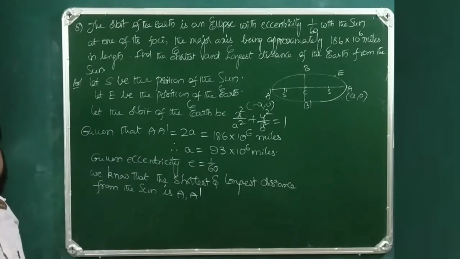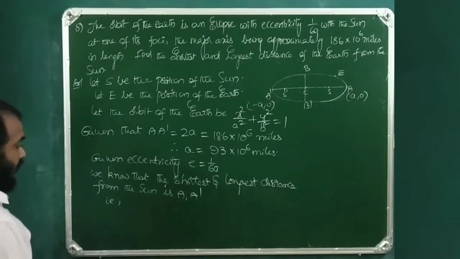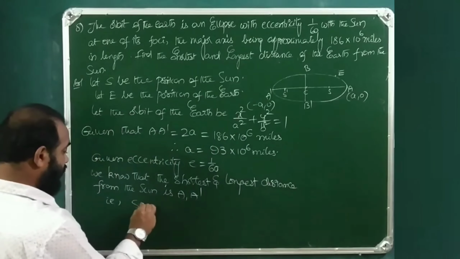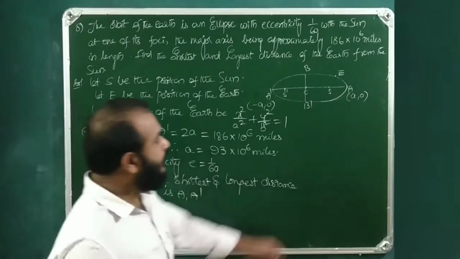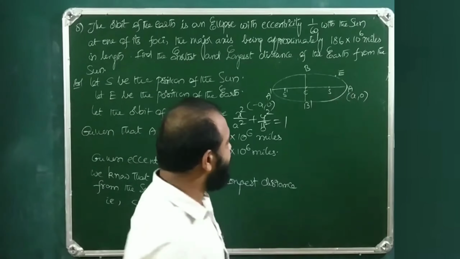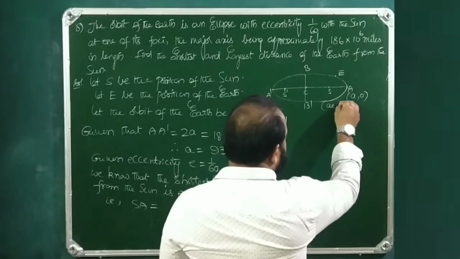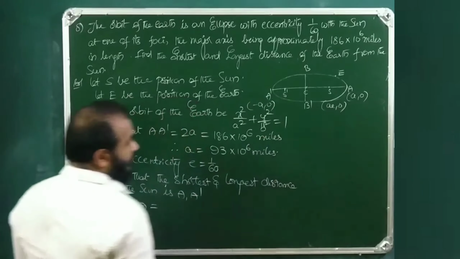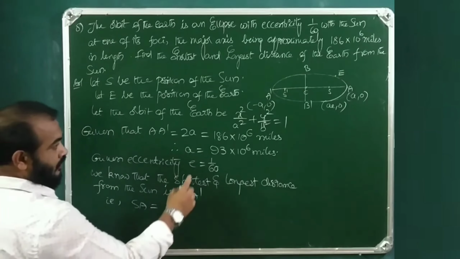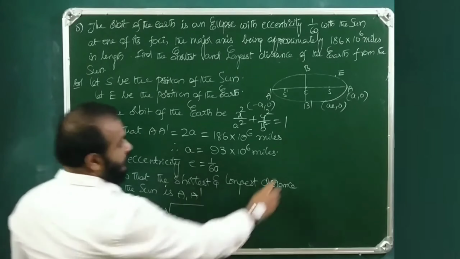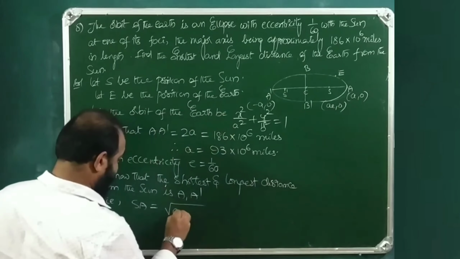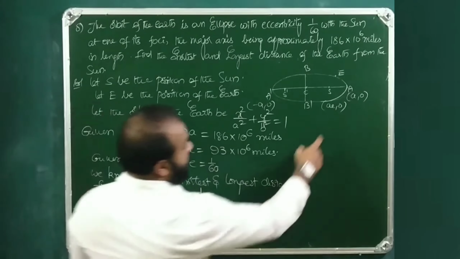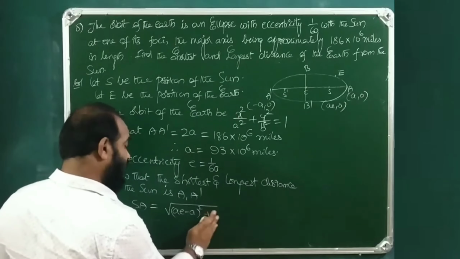From the sun is A A dash. That is SA, SA being the shortest distance. What is SA? S is (AE, 0). So this is the square root of (AE minus A) whole square plus (0 minus 0) whole square, that is 0 anyway.